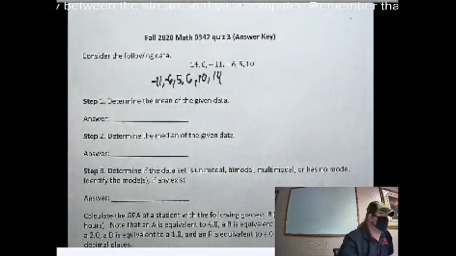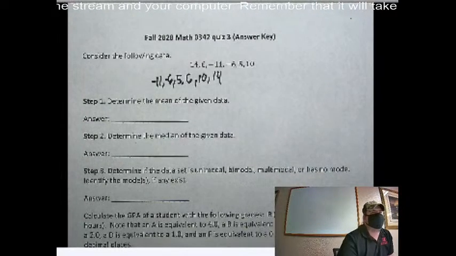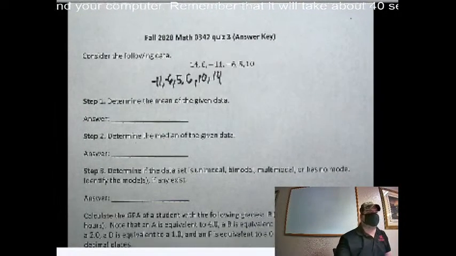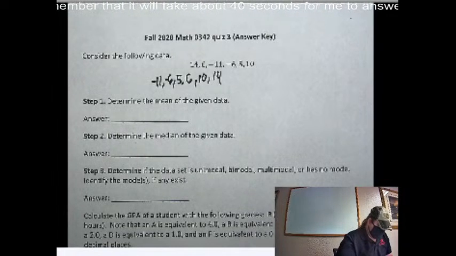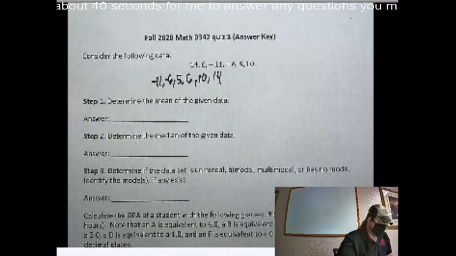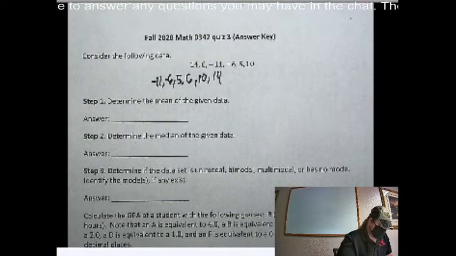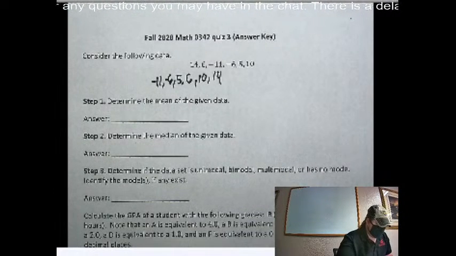Okay, so the mean is just add them all up, divide by the n, or the number of data points we have. So if I add all those up, that's negative 11 plus negative 6, whoops, just 5 and 6.